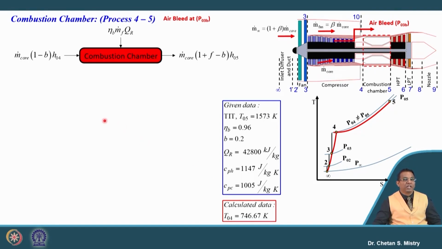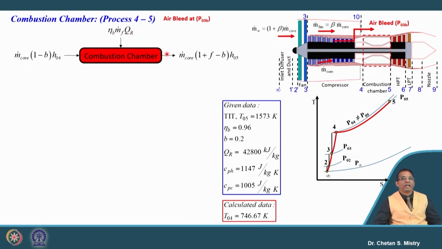So, what we say here is that we have bleeding, which we have done at some station at some temperature and pressure from the compressor, and that is the reason the mass flow rate entering the combustion chamber will be less by the fraction 1 minus B. In the same way, it is the fuel that we are burning inside the combustion chamber, which has the efficiency times m_f into the calorific value of the fuel.